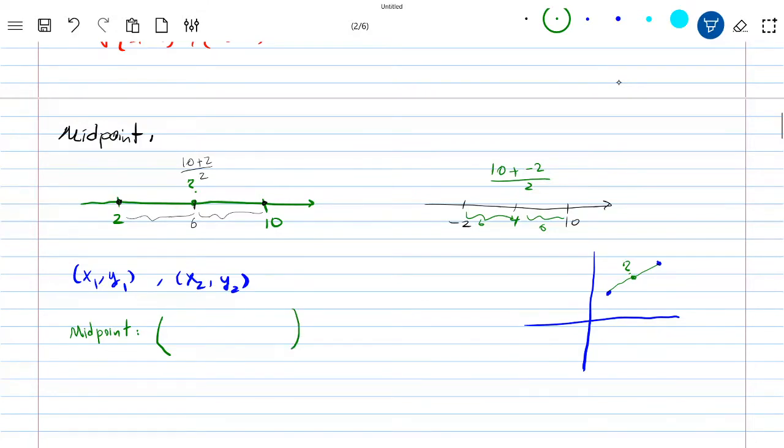I want to find the average of the x's, as well as the average of the y's. This would be the intersection. Average of the x would be: add the x's together, divide by 2. Average of the y would be: add the y's together, divide by 2. So it's no different than what you do in one dimension. Let's do an example.